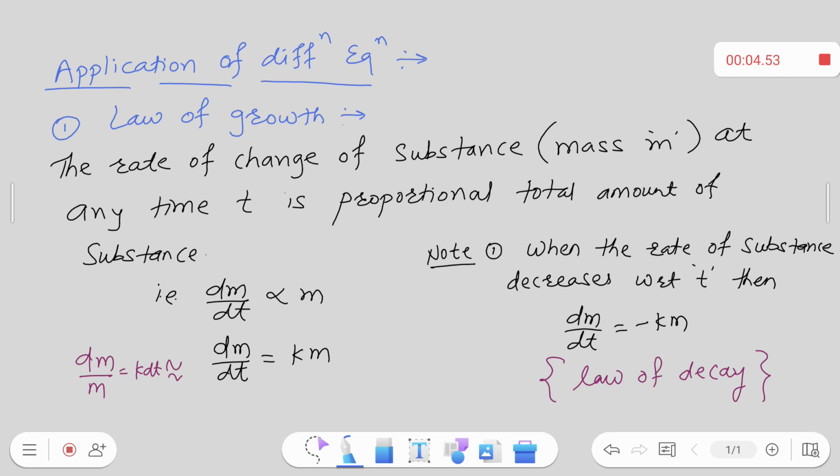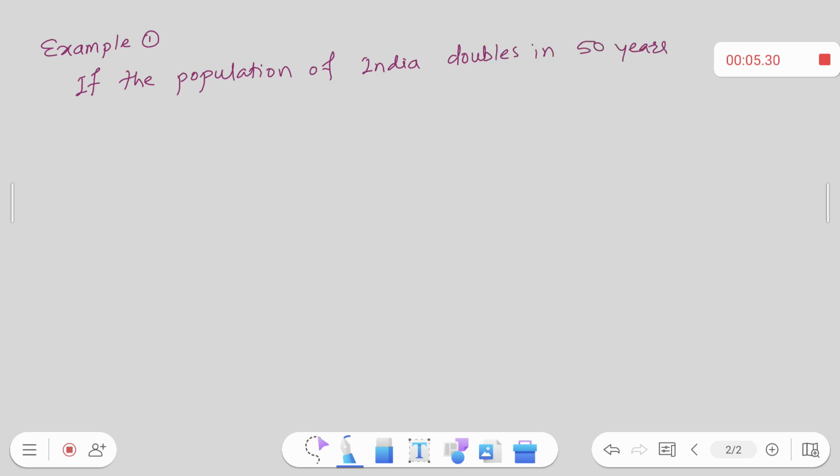If the population of India doubles in 50 years.